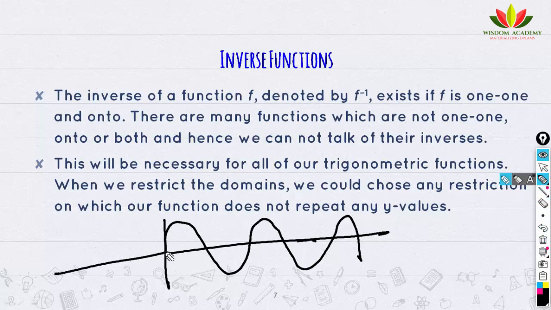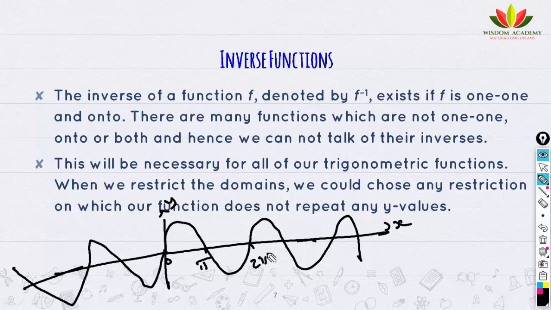This is my y-axis and this is my x-axis, and here it will be 0, here it's going to be pi, here 2 pi, here pi by 2, and here pi by 3, and then it's going down.